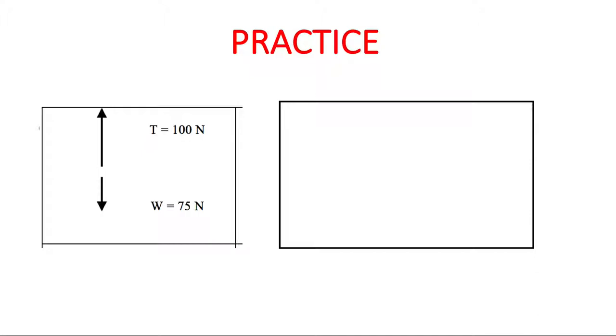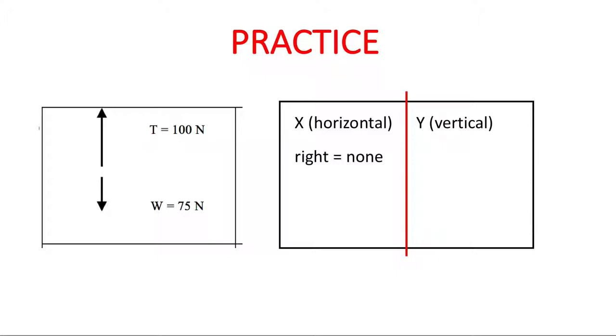The first thing we're going to do is take the answer box, which is below the diagram, and split it in half. On one side, we're going to look at the x dimension, or the horizontal forces. And on the other side, we're going to look at the y dimension, or vertical forces. So the first thing we do is we ask ourselves, were there any forces pointing to the right?